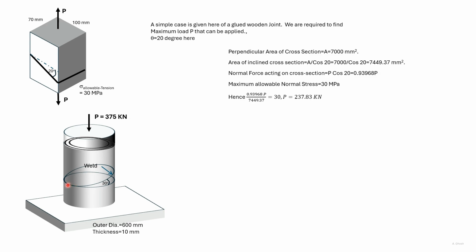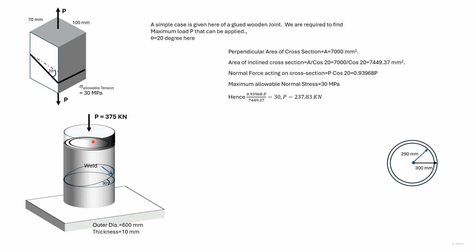To start with, we find the area perpendicular to which the force acts. So from the radius of this annular circle, we can find out the area. Once we have found out the area, we divide it by cos 30. We know the area of the weld.